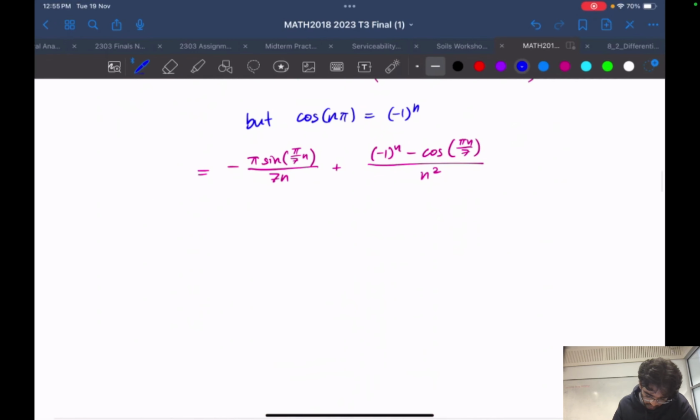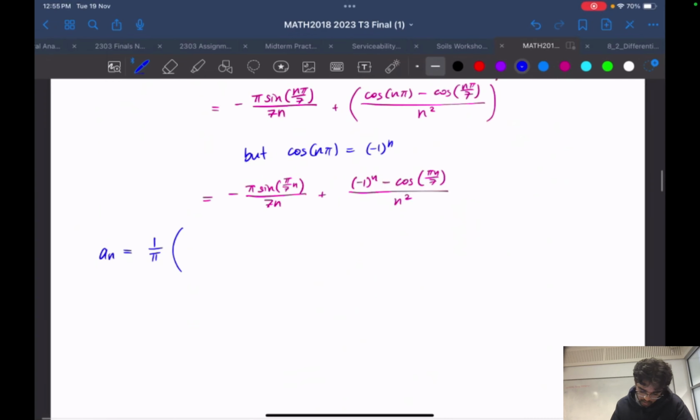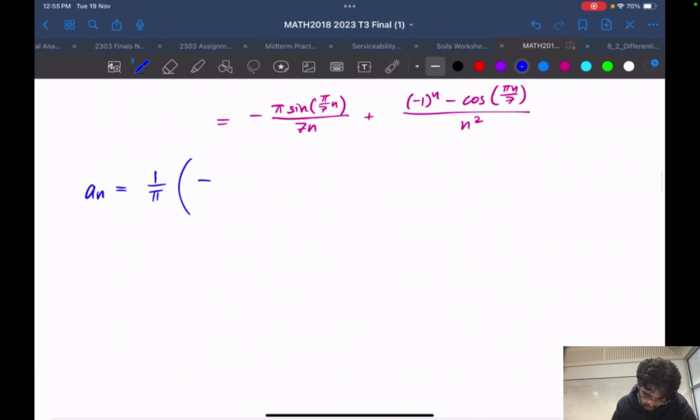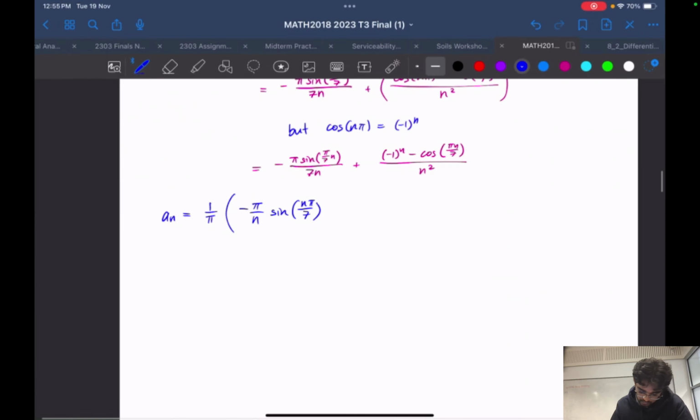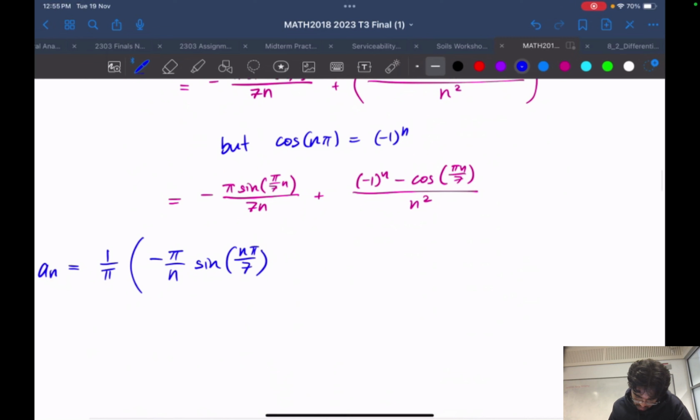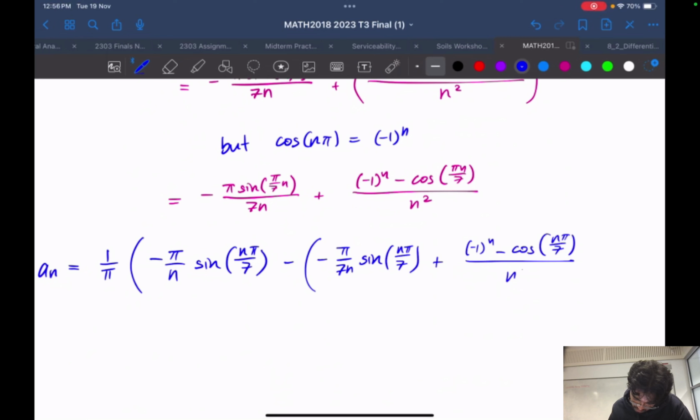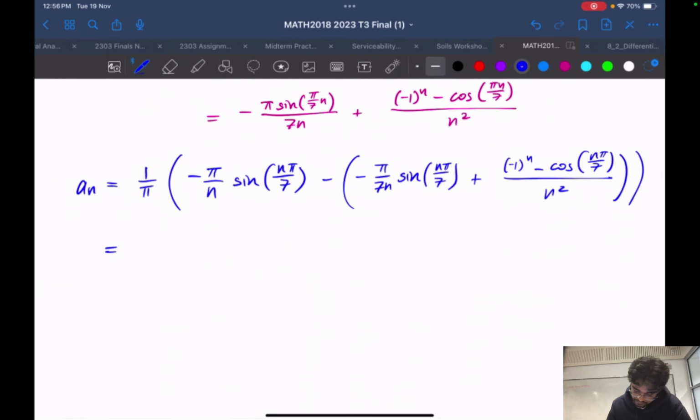Okay. Now to find a of n, 1 over pi times that first integral, you get minus pi over n sine n pi over 7. Then you do minus pi over 7n times sine n pi over 7, plus minus 1 to the power of n minus cos n pi over 7, divided by n squared. Okay, now what?